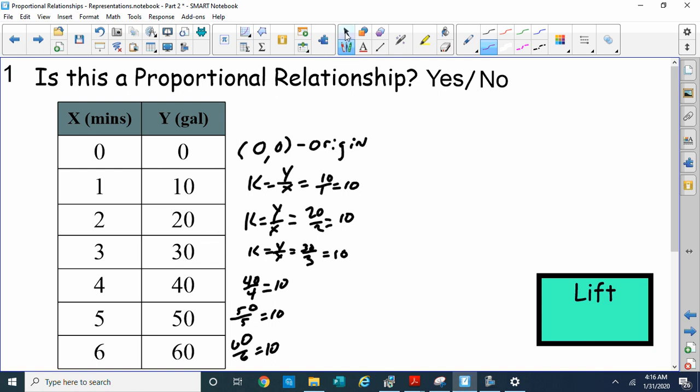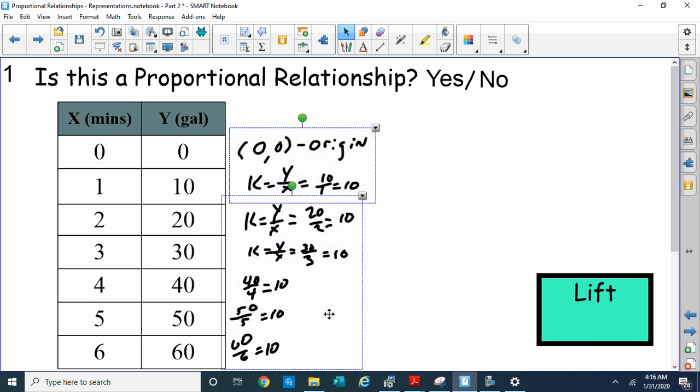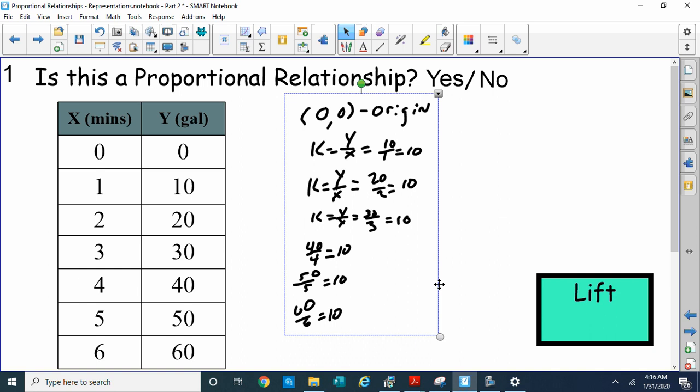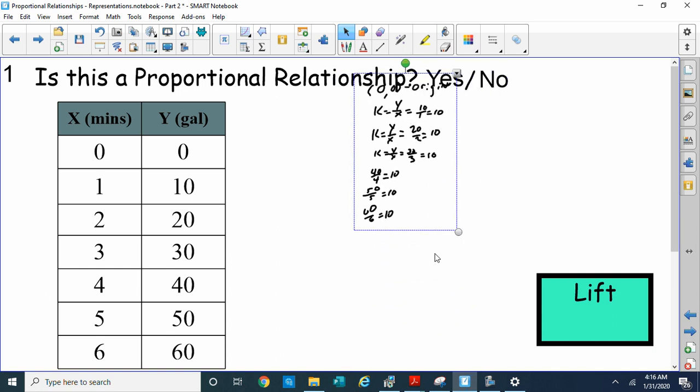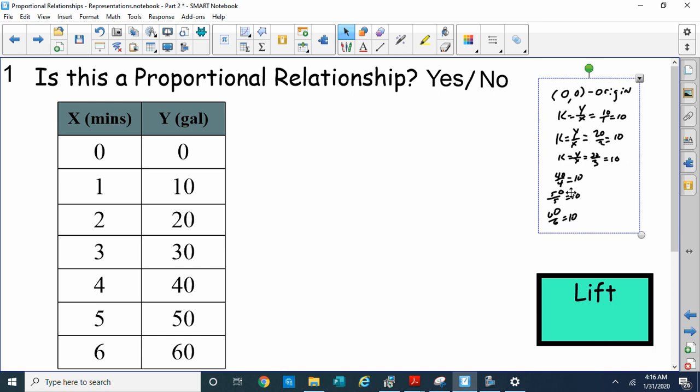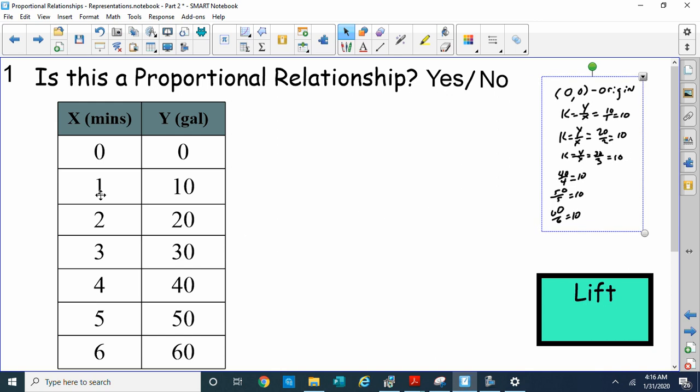So let me get this out of the way so I can get a nice graph. Let me group it together and move it over here. Shrink it a little bit so we don't forget about it. All right, so let's graph this.